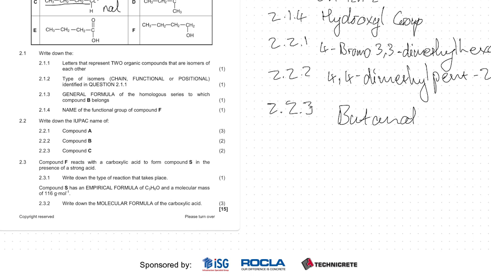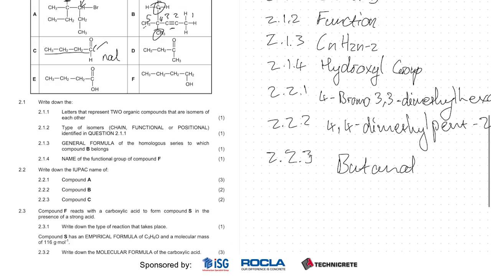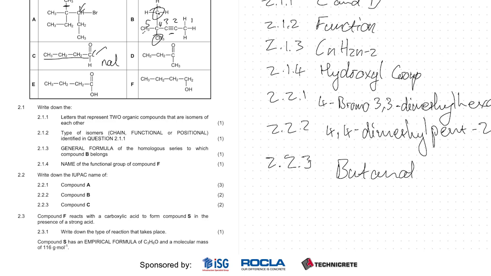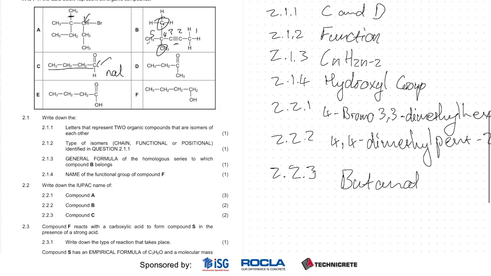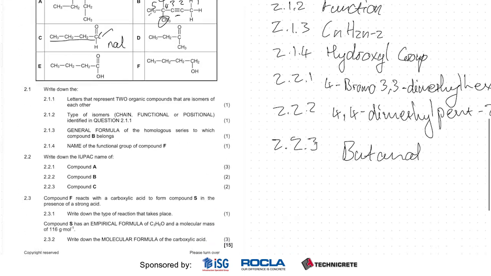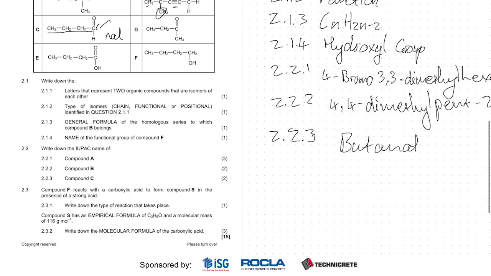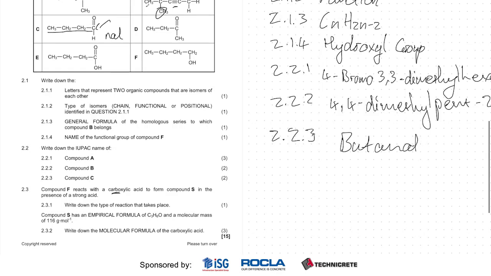2.3. Compound F reacts with a carboxylic acid to form compound S in the presence of a strong acid. Write down the type of reaction that takes place. Okay. So we have an alcohol reacting with a carboxylic acid.